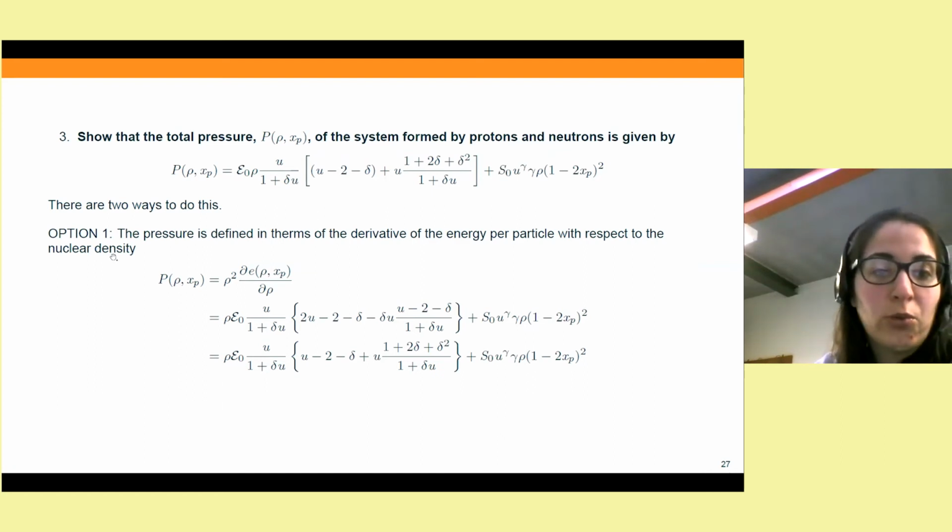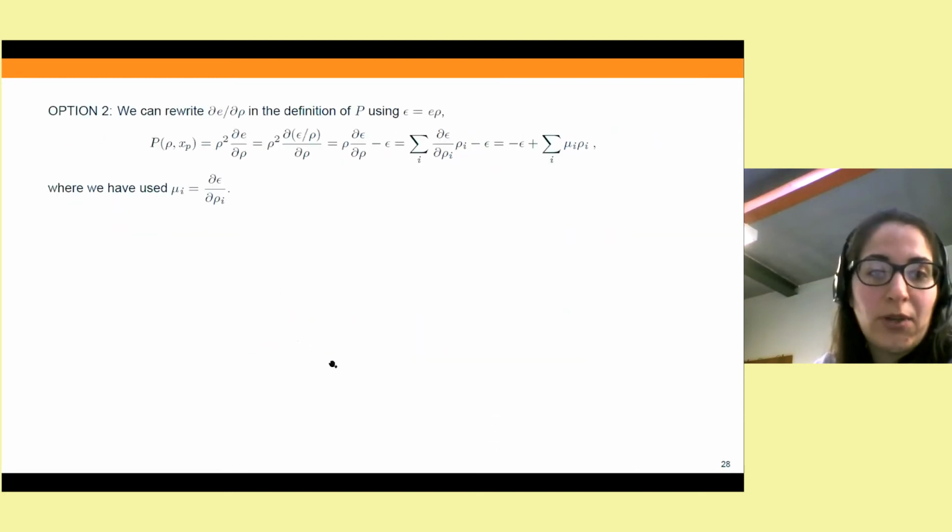So I told you there are two ways. One is just applying this definition for the pressure in terms of the derivative with respect to the density. What is the other way? Well, if we remember also from yesterday, we can rewrite this derivative of the energy per particle with respect to the density in the definition of the pressure, using the fact that the energy density is the energy per particle times the density.